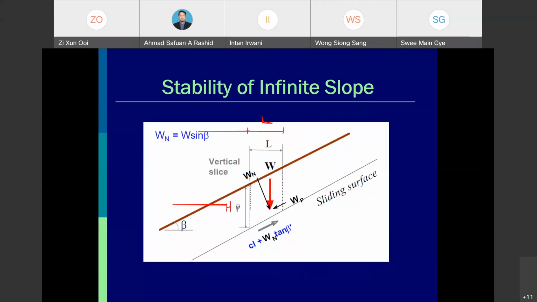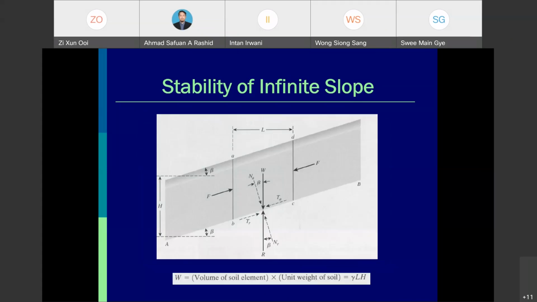Later on we need to determine the value of W. The weight W is governed by the unit weight times Z or H times L, that is, the volume of the soil element times the unit weight. So here we have L, H, and then we multiply with gamma, and from there we get W.